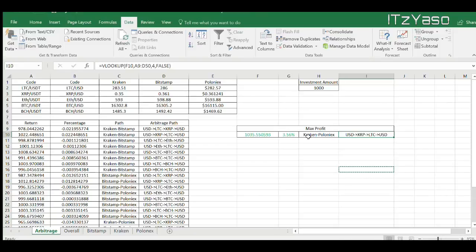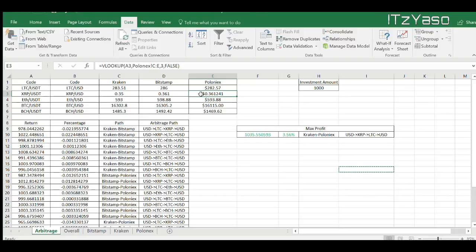The way that you would follow this pathway is, first you would take this $1,000 and convert it to Ripple or XRP on Kraken. You can see over here, Kraken, Ripple to US dollar. So first you'd start here, and then once you have your Ripple coin, you would send it over to Poloniex, and at Poloniex you convert the Ripple back to US dollar.